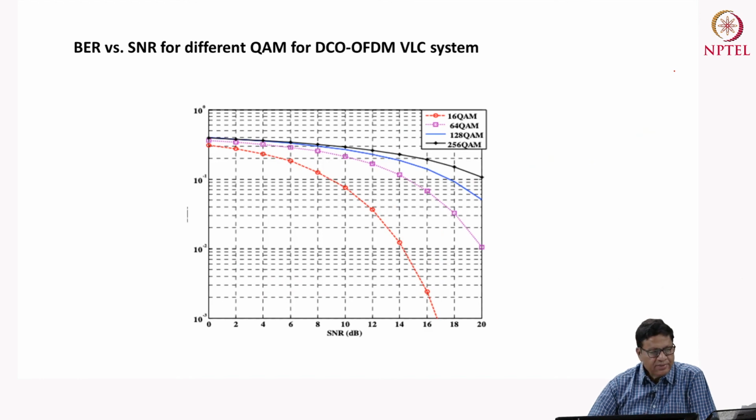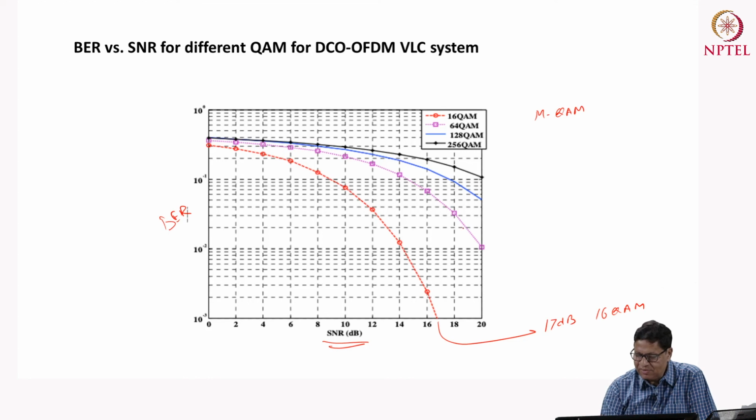And if I see a curve between BER and SNR, and I use different levels of modulation, M-QAM, where M is 16 or 64 or 128 or 256, this is what I get here. At 10 raised to minus 3, I require about 17 dB for 16 QAM.